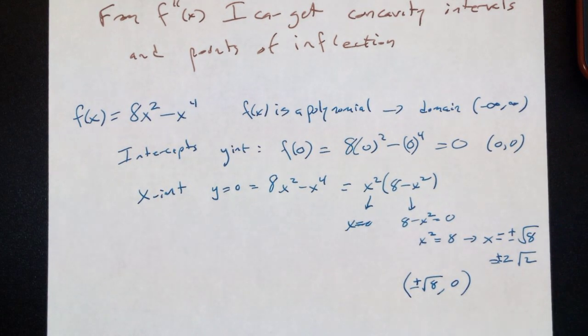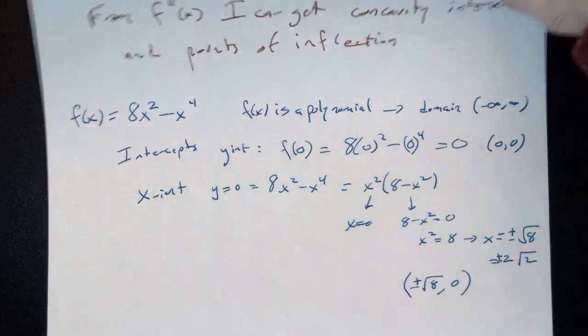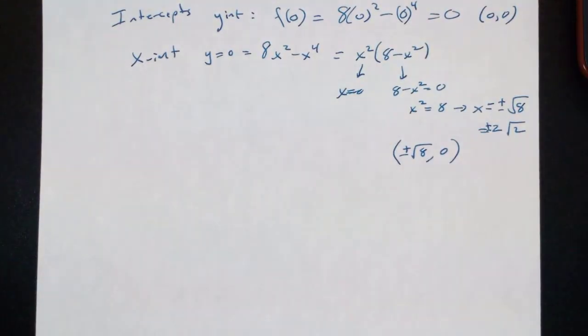This is a polynomial. Polynomials are usually not periodic. They don't repeat themselves. So finding a period is probably not a useful trick here. What about symmetry?